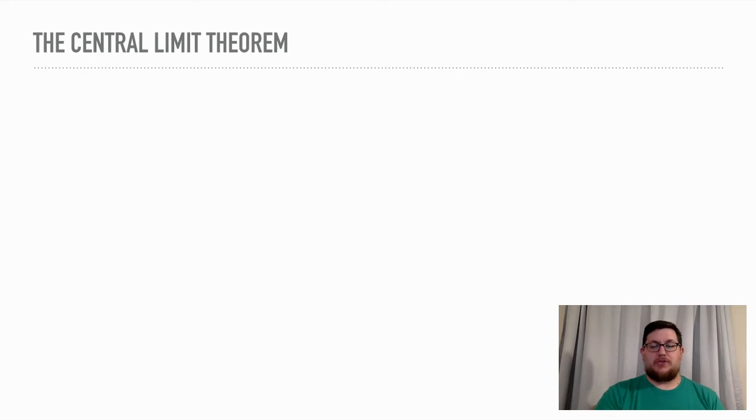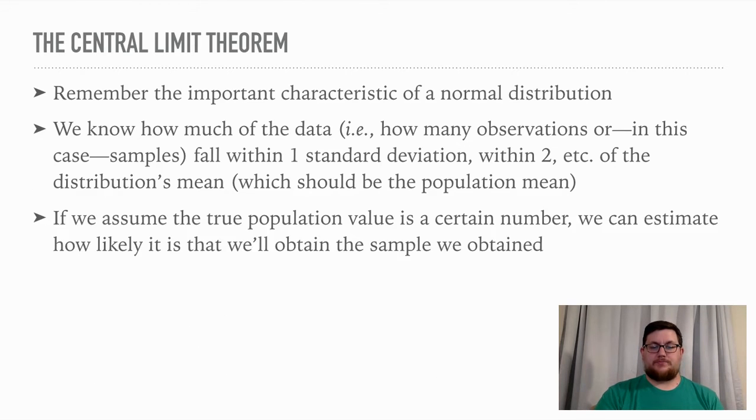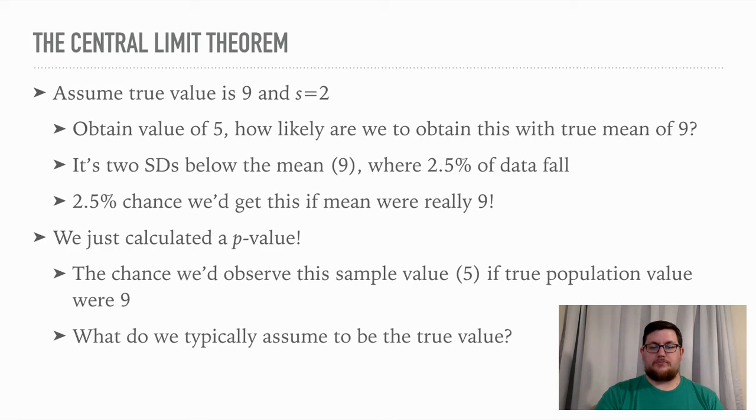Okay, so that's really important to consider. Now, what we just did is calculate a p-value. There's a 2.5% chance we'd get this if the mean were really 9. Why? Because 97.5% of the observations are going to be greater than 5 if the true value is 9 and the standard deviation is 2.